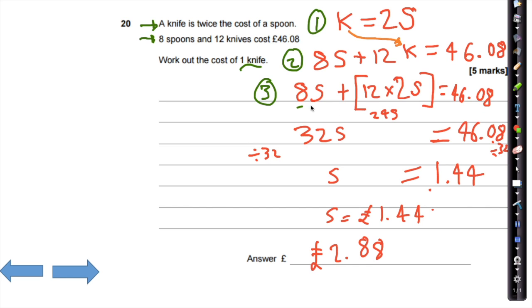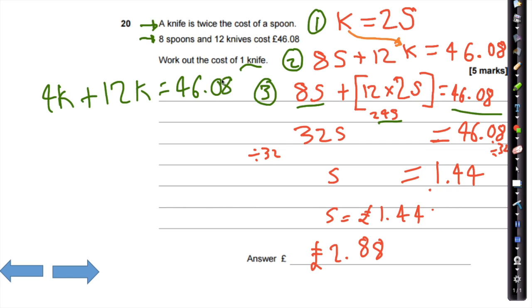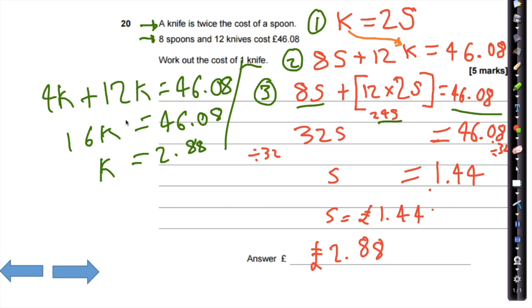So finding 8s plus 24s equals £46.08. Or if you tried to make it all into k's, that would have given you 4k plus 12k equals £46.08. And then you've got 16k equals £46.08. And then divide by 16 both sides to give you k equals £2.88. So if you did it that way, that's what you would have got.